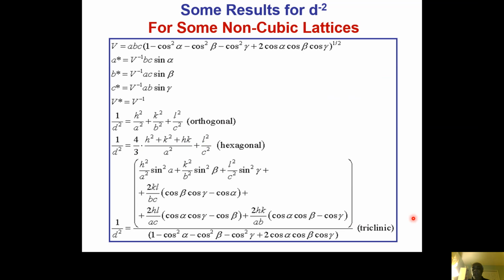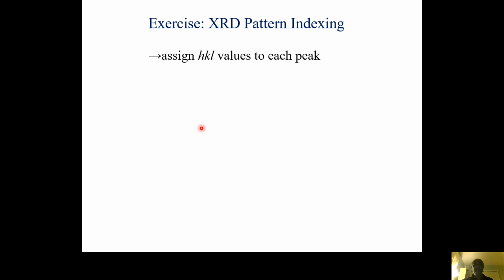But if you go to a triclinic structure, your 1 over d squared is this complicated formula here. But we are only going to talk about orthogonal or simple cubic. Otherwise, for non-cubic structures, this lattice spacing is very difficult to calculate.